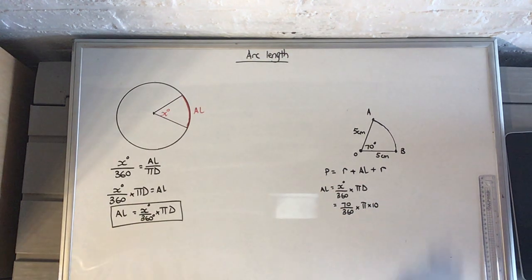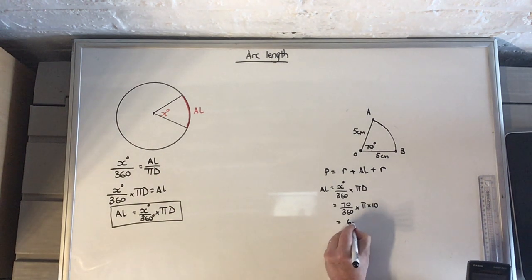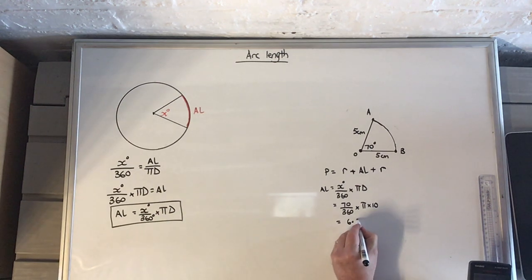So let's work it out. That's 70 divided by 360 times pi times 10, the diameter. That comes to approximately 6.1 centimetres.